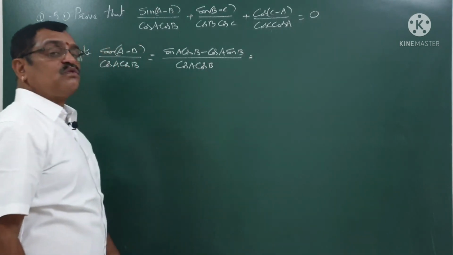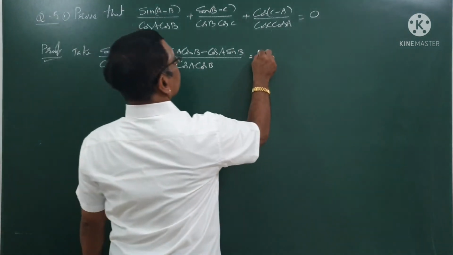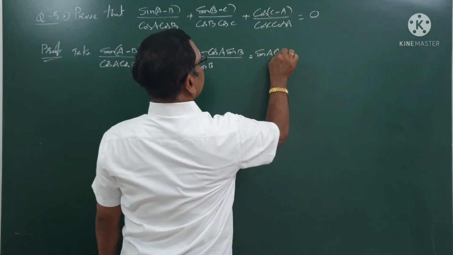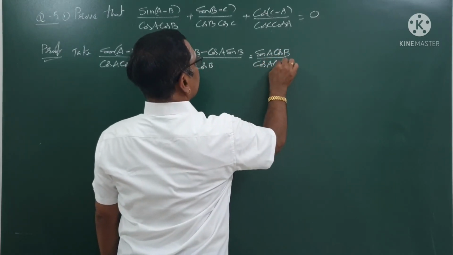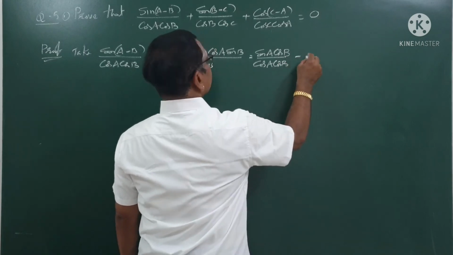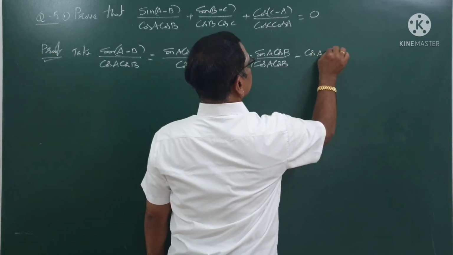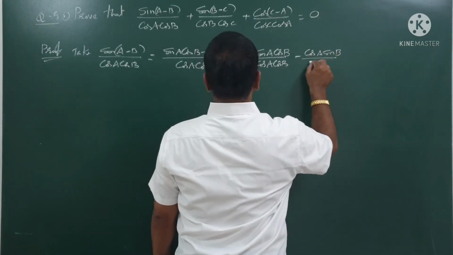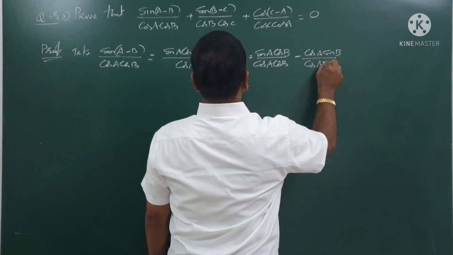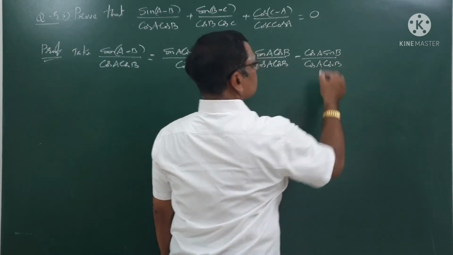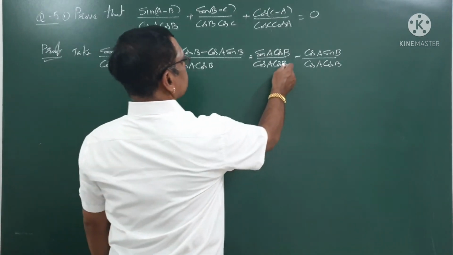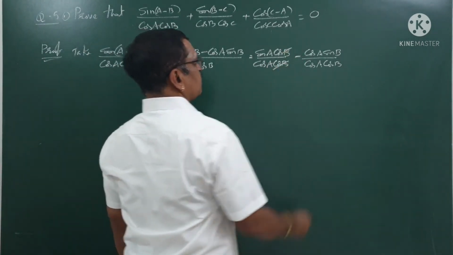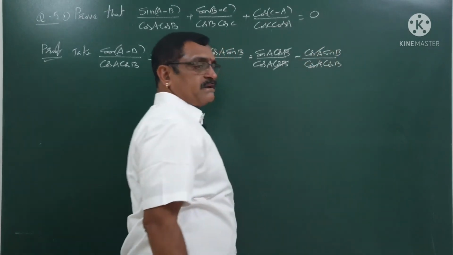Now split into two fractions, we get sin a cos b by cos a cos b minus cos a sin b by cos a cos b, and cancel the common factors, cos b common factor here, cos a common factor here.